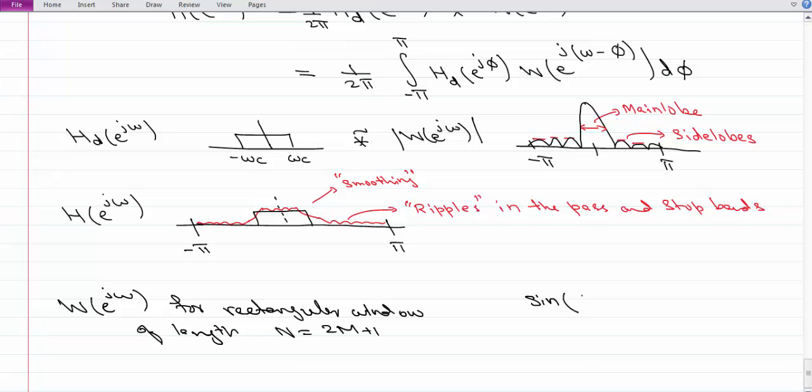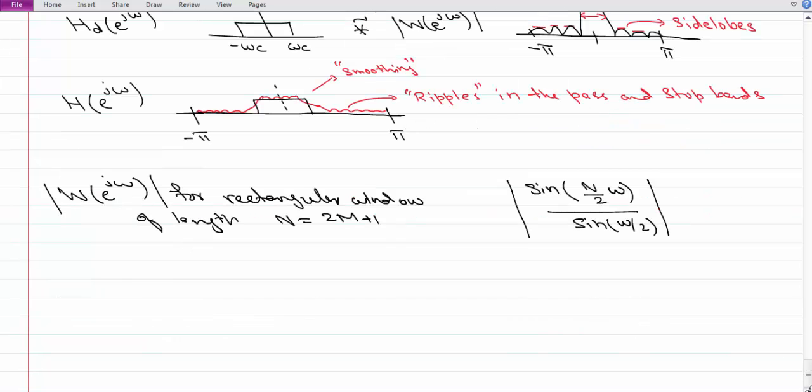I wrote it earlier. So let's look at the absolute value so that we don't have to worry about the phase.